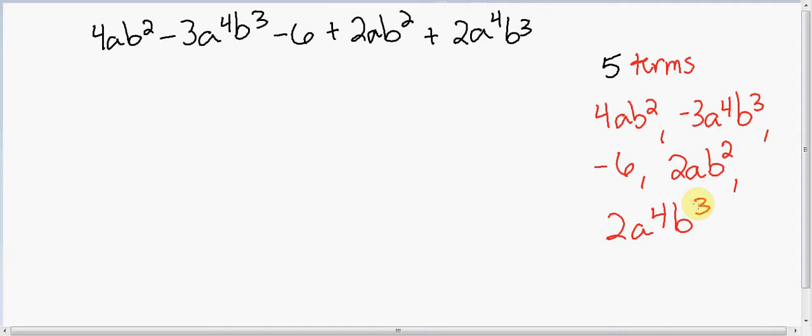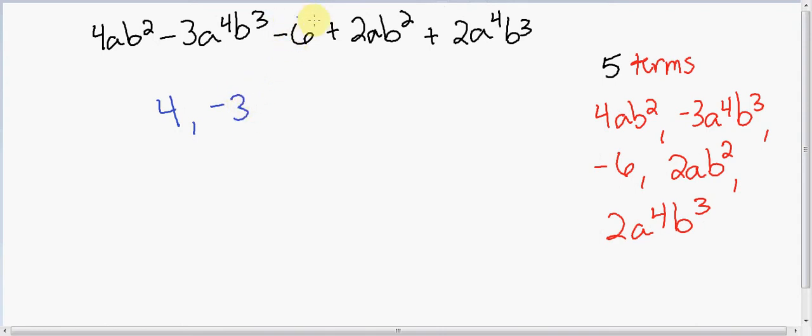Remember, terms are separated by addition and subtraction signs, and whatever symbol is right in front of them, that's the sign. So you can see we have a negative 3a to the fourth b cubed, and we also have a negative 6. If I wanted to list my coefficients, the coefficient for my first term would be a 4. The second term would get a negative 3.